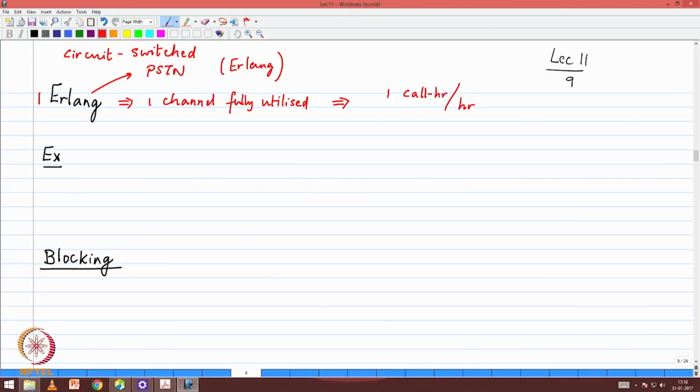So let's make a quick example for this and then build on that. Supposing I have a user. This user makes 1 call every hour, 1 call per hour, and the duration of the call is 10 minutes.